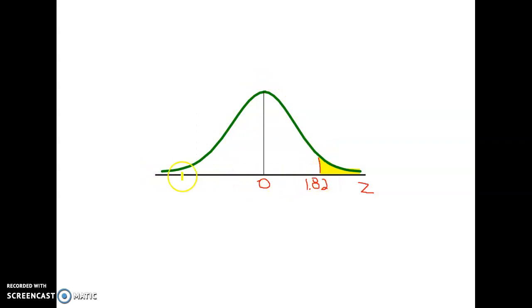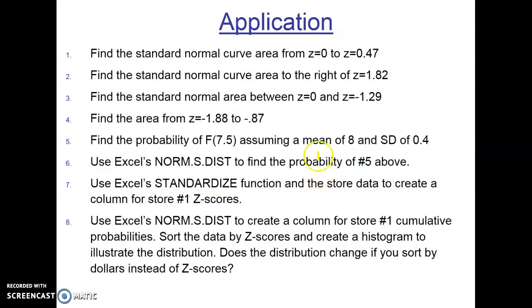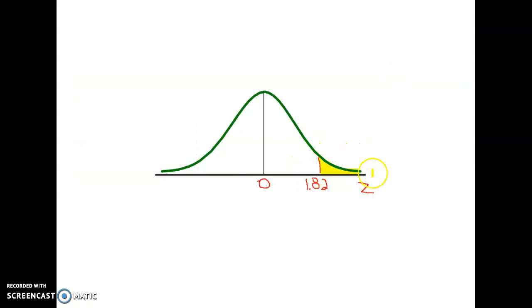But we're not looking for the probability of a z value up to 1.82. The question actually says we need a value to the right of z equals 1.82. So we want this area. Well, if we know that the entire normal distribution probability must sum to 100%, then if this area here is 0.9656, we can just subtract that from 1 to derive this area here.